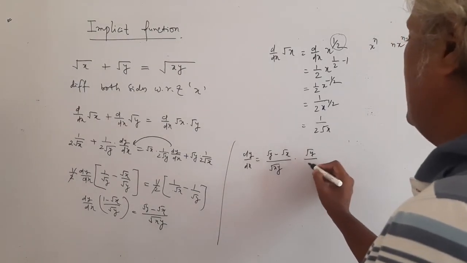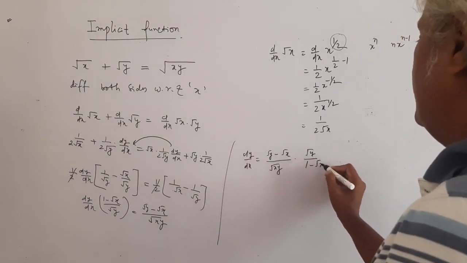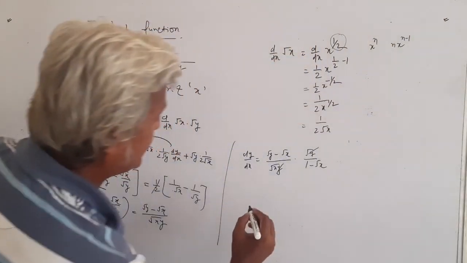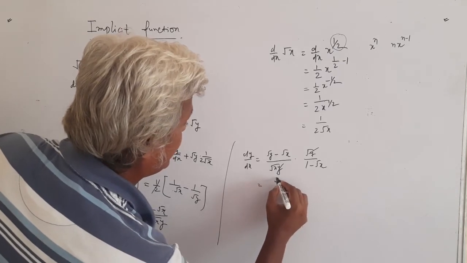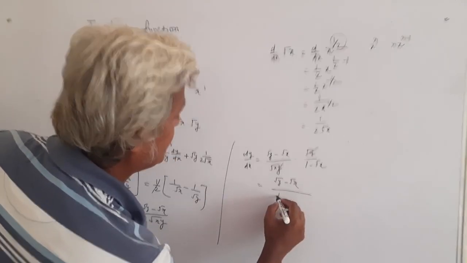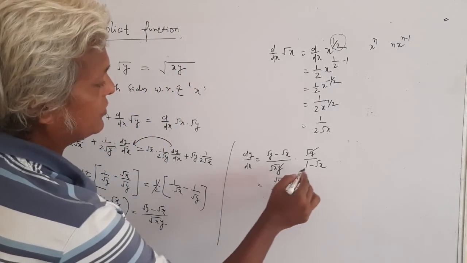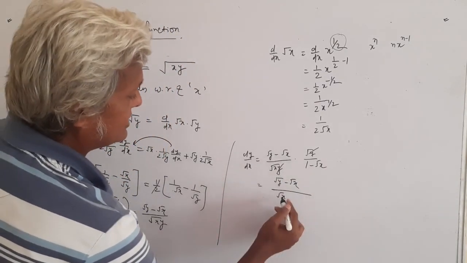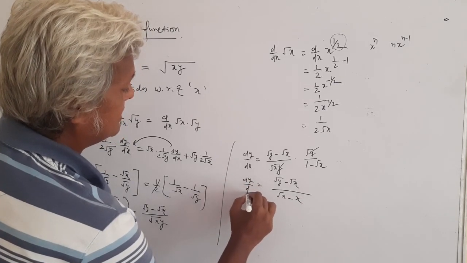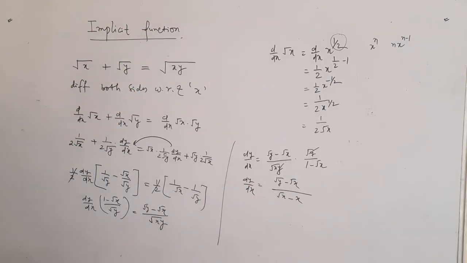So root y over 1 minus root x, this and root y cancel, then what you are getting on the top is root y minus root x, and down you are getting root x. If I multiply this root x with 1 minus root x, into 1 is root x, and then this is minus x. This is the idea of differentiation for the implicit functions.